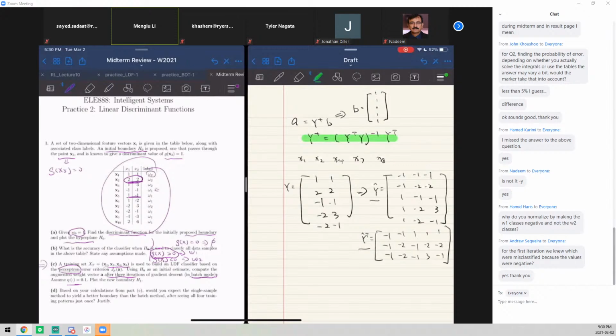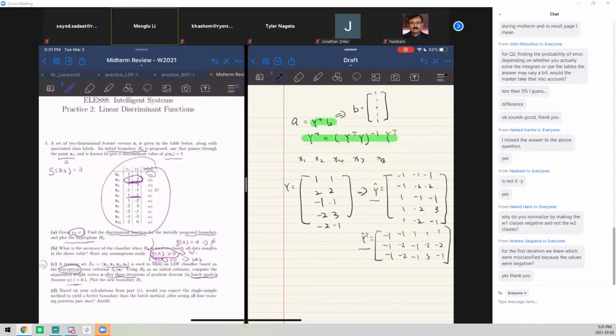It can compute everything. Okay, eventually, after you get the Y plus, you can just multiply by b, but the b is all 1, so it's the same.